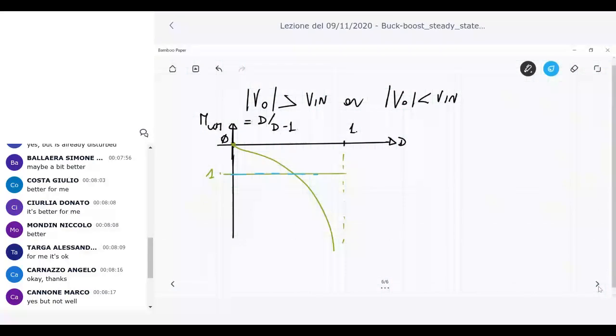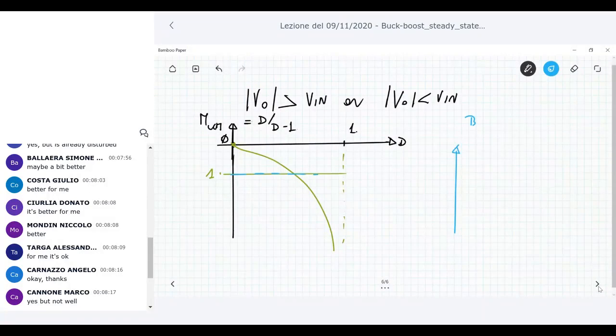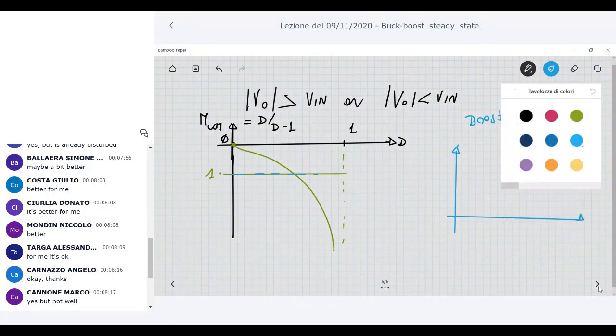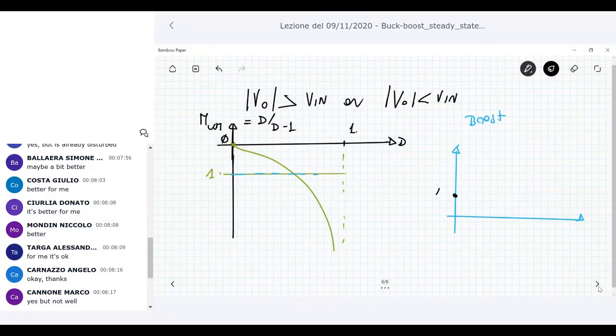We already found out something similar in the boost. Remember what happens in the boost. In the boost, we have the conversion ratio, which is, say, something like this. But in the boost, this curve starts from 1, and then from the duty cycle 1, it diverges. Okay, something like so.